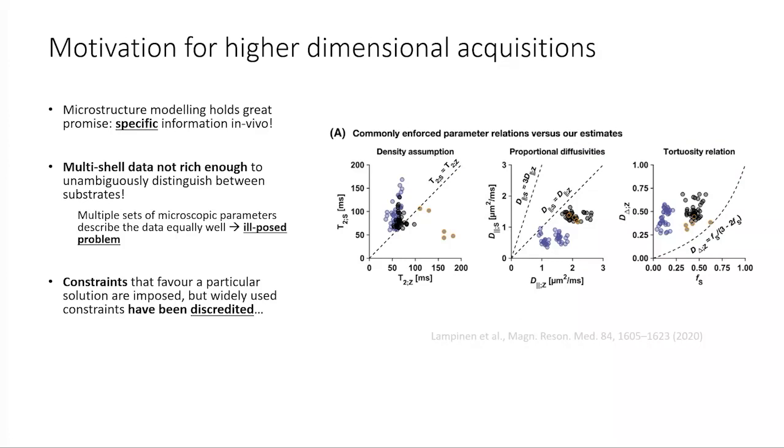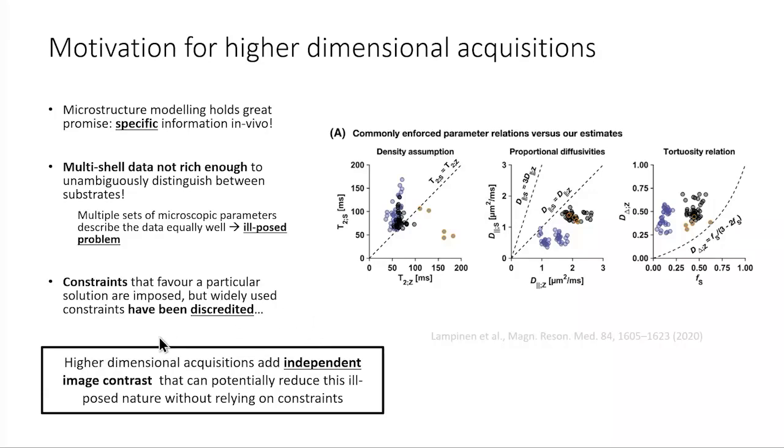Typically this is addressed by using constraints that favor a particular solution. But the problem with this is that there's also increasing evidence that a lot of these constraints are not as widely applicable as previously thought.